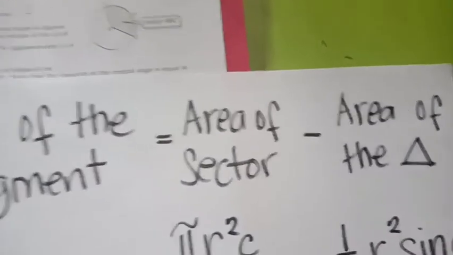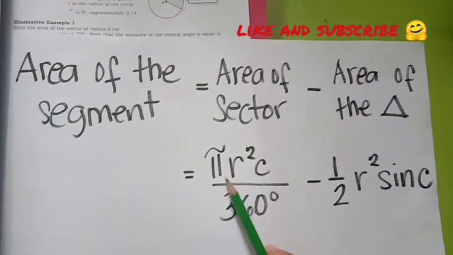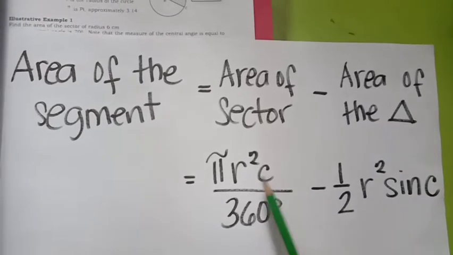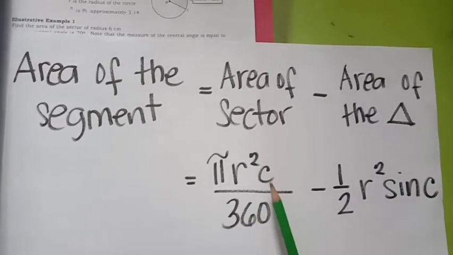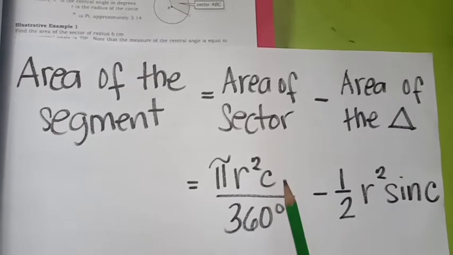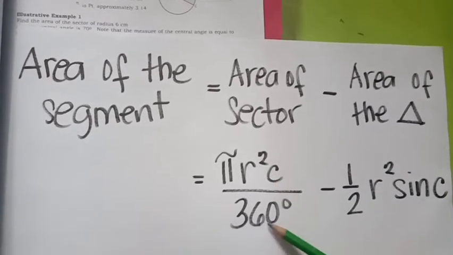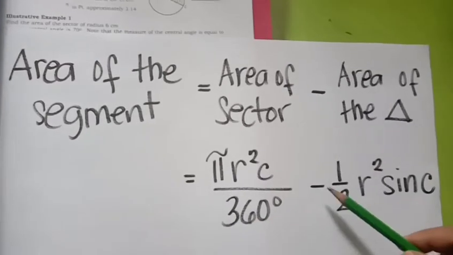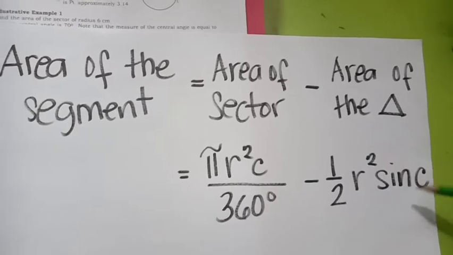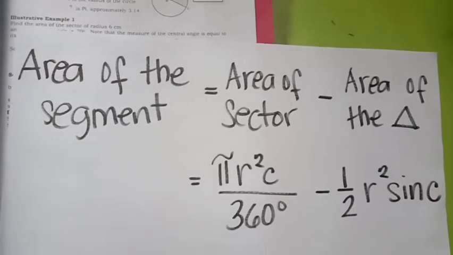So to get the area of segment, area of sector, that is pi r squared c over 360 degrees, where r is the radius, c is the angle or the degree measure of the central angle over 360 degrees, minus the area of the triangle, 1/2 r squared sine c.